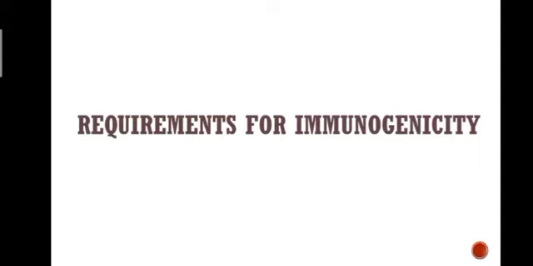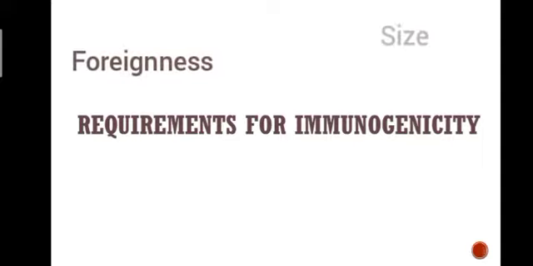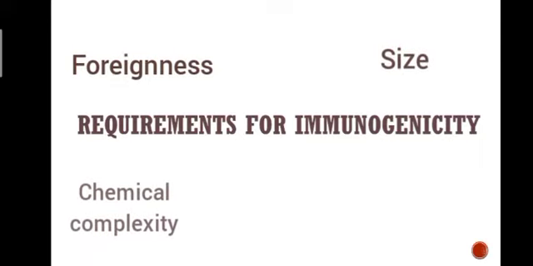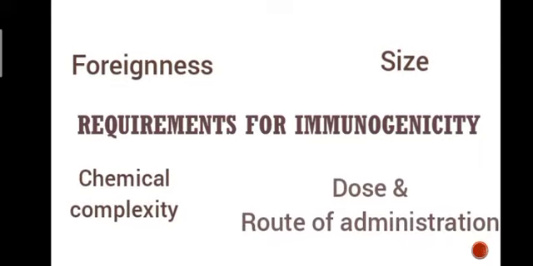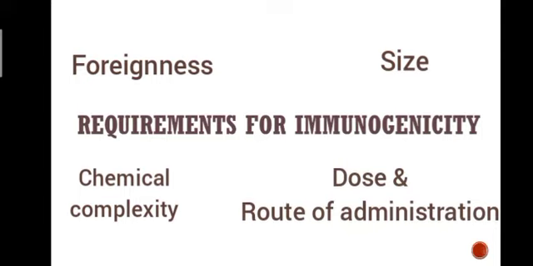So there are some requirements for immunogenicity. That is foreignness, size, chemical complexity, dose and route of administration. The most important feature of an immunogen is that an effective immunogen must be foreign with respect to the host.